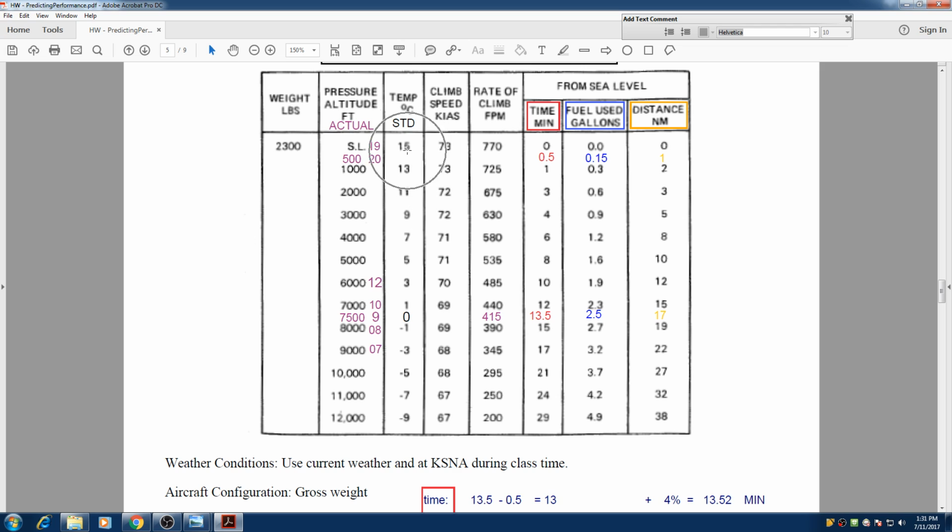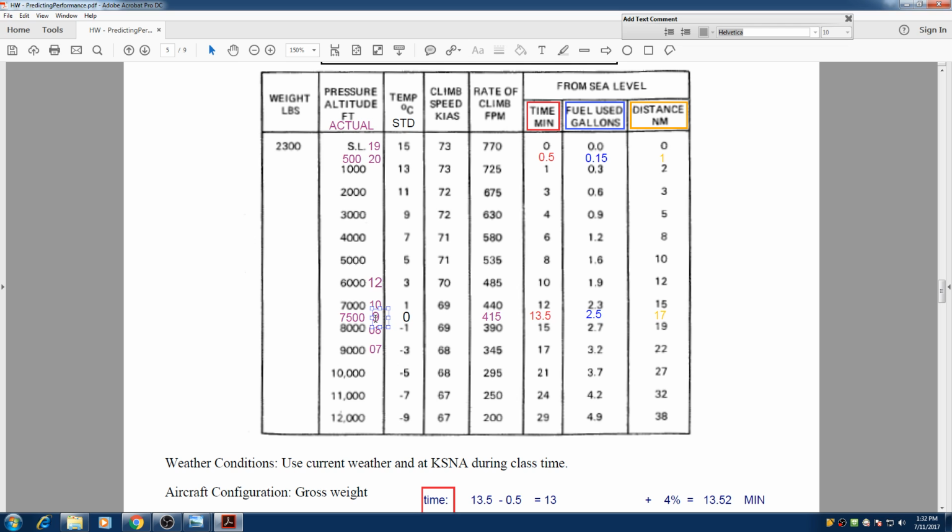We know that at sea level the temperature is 15 degrees. For each 1,000 feet we lose roughly 2 degrees in temperature. At 7,500, the standard temperature is 0 degrees.